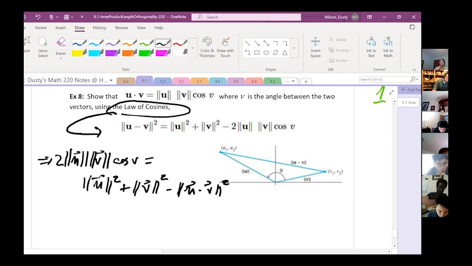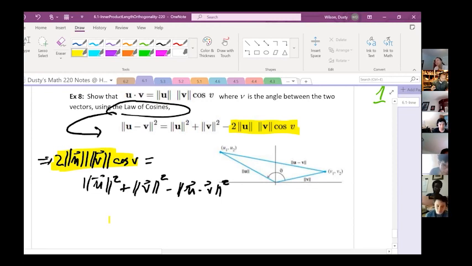All I did was I solved for that one, that side right there. Okay.